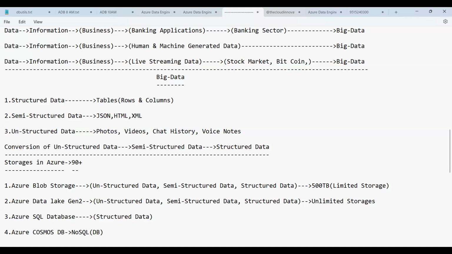That means there will be no SQL used here. If you have SQL, then we use only structured data.